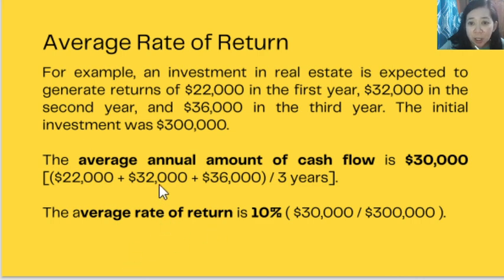The average annual amount of cash flow that we determined in the first formula is equal to 30,000. This 30,000 will be divided by the amount of the investment, which is 300,000. Therefore, our average rate of return is 10%. So that is for the average rate of return.